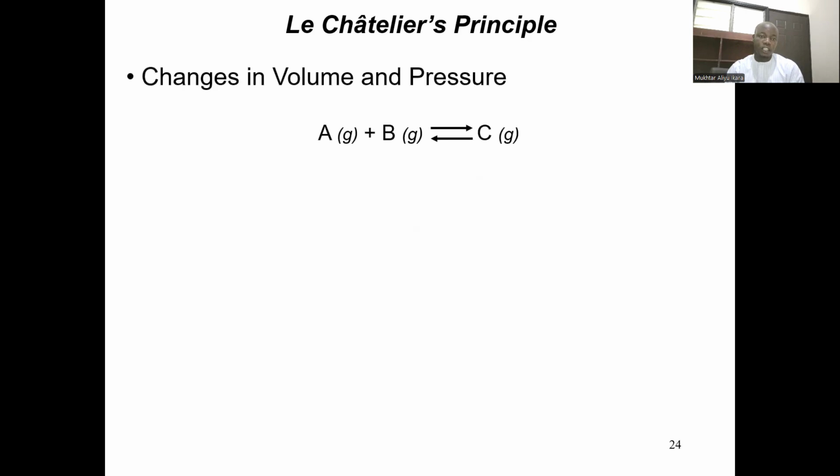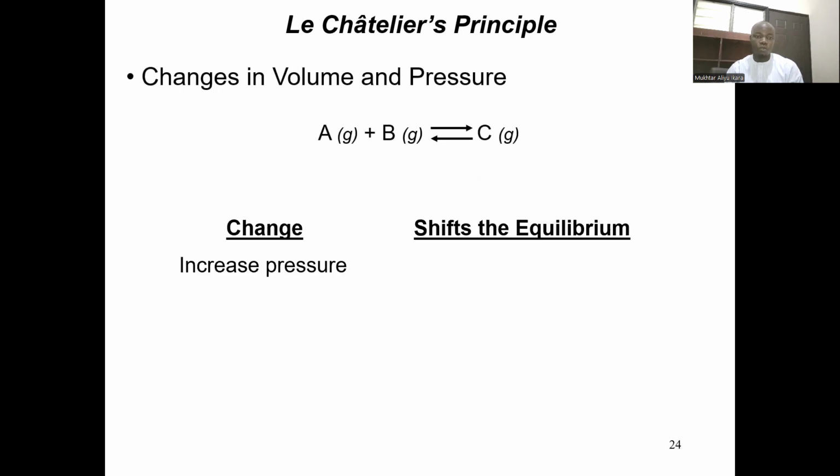Then, still under Le Chatelier's principle, what if there is a change in volume and pressure? An increase in pressure shifts the equilibrium to the side with the fewest number of moles.